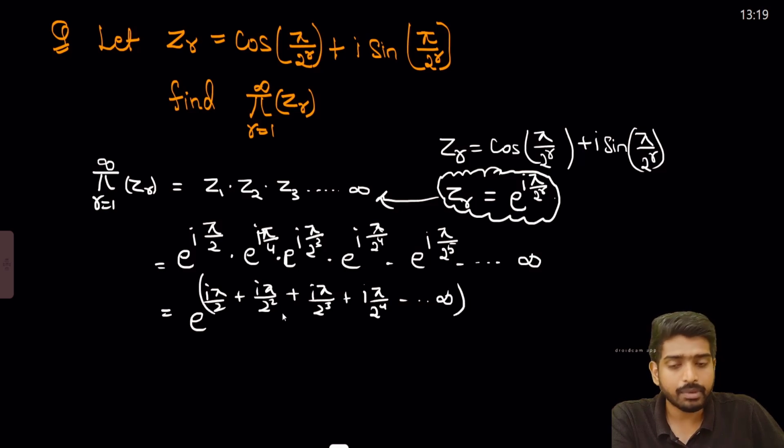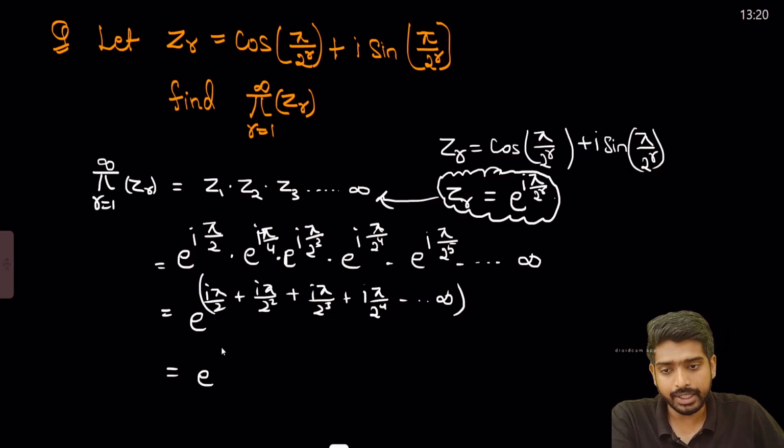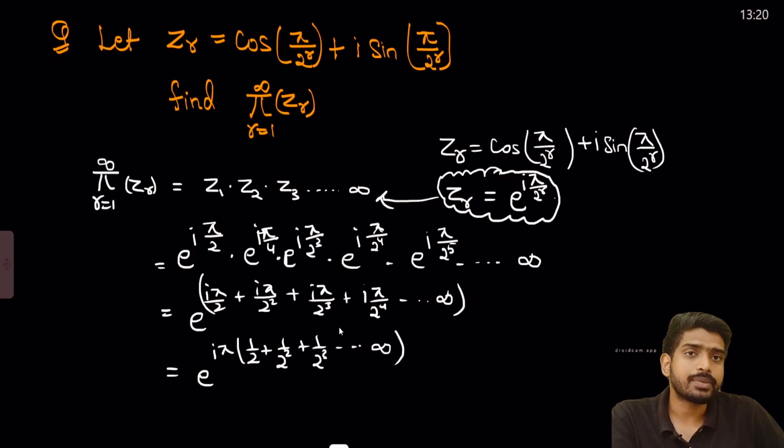So this is a sum of an infinite GP, right? First I'll take iota pi common, so I get e to the power iota pi times (1/2 plus 1/2 squared plus 1/2 cubed, and so on till infinity). What is the first term? The first term is 1/2, and the common ratio is also 1/2. So we apply the formula of the sum of an infinite GP, which is a by 1 minus r.